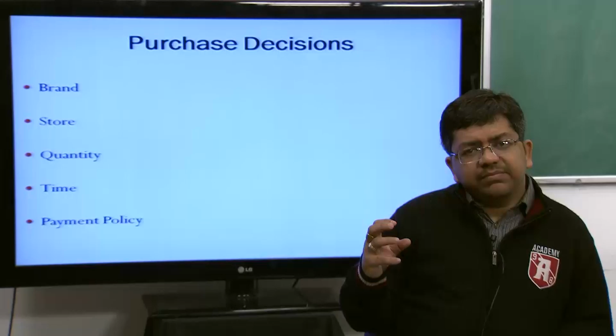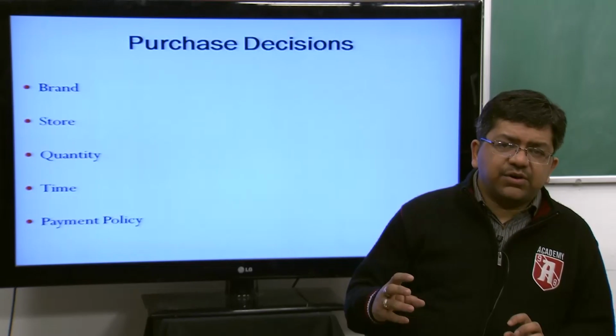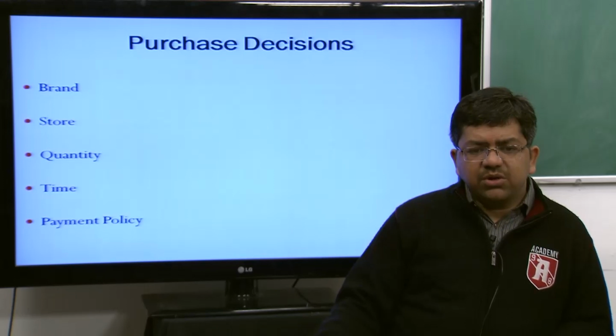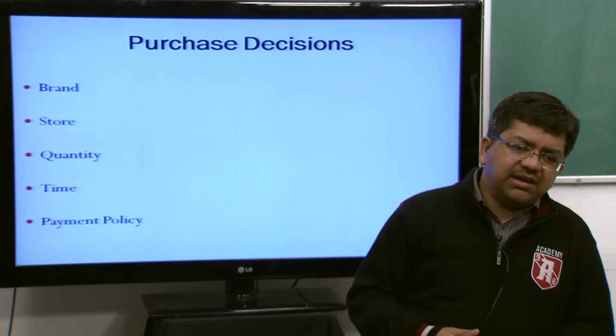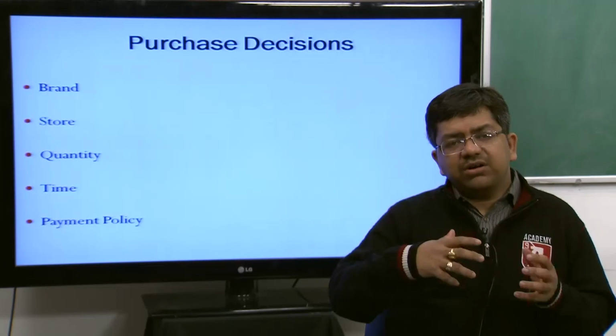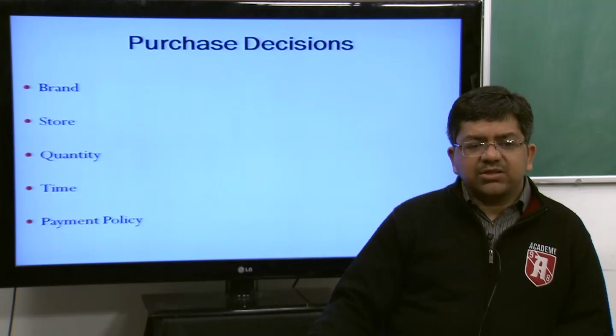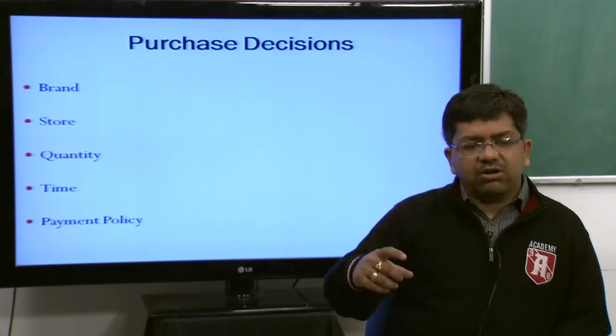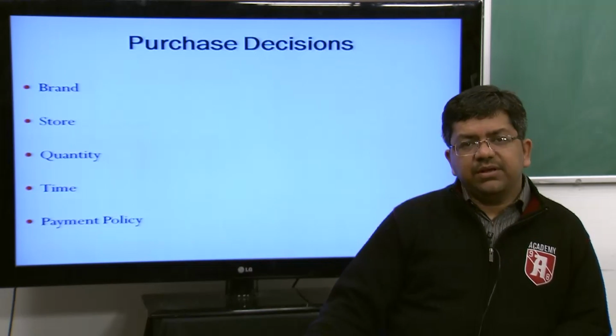Payment policy could be important in big ticket purchases also, where the supplier or the dealer who is providing the product also arranges good financing options for you. So all these things are not standalone, they work together, and the consumer has to make a decision based on the overall of all these 5 things.